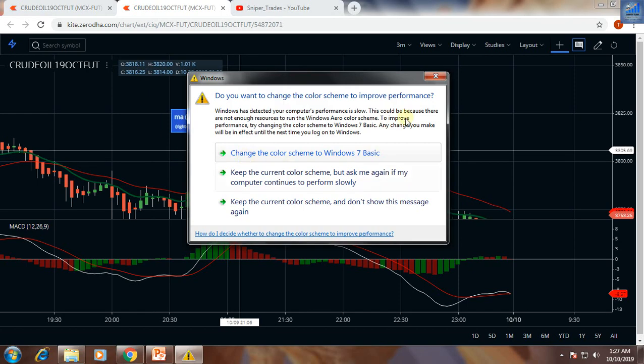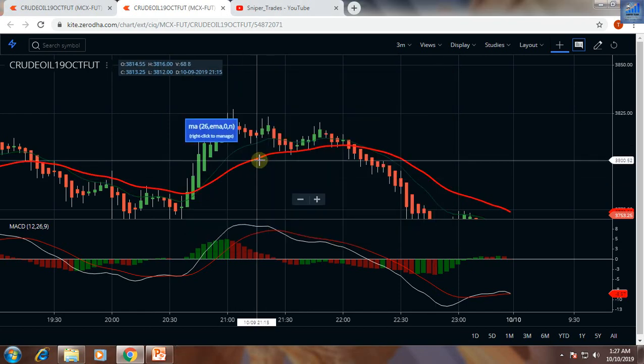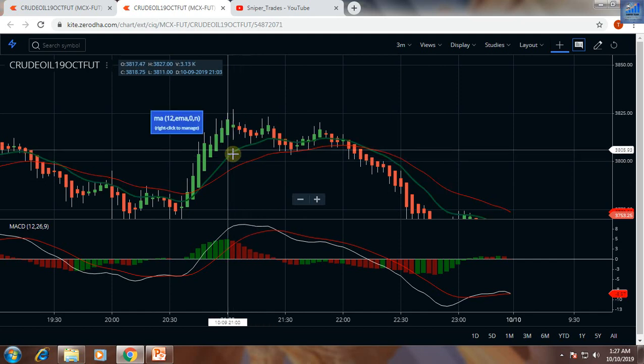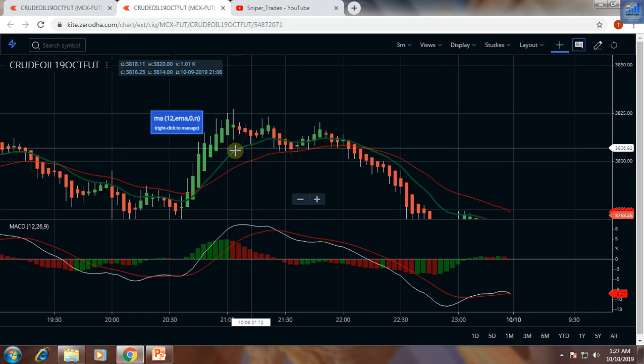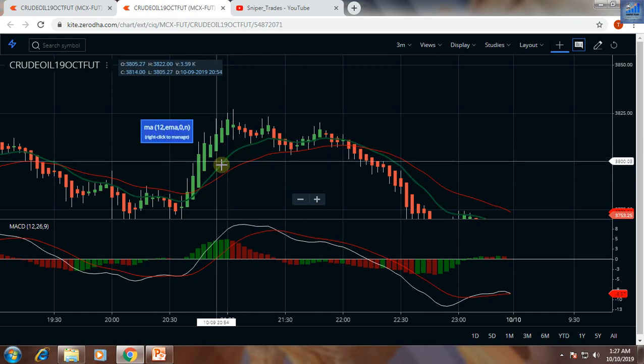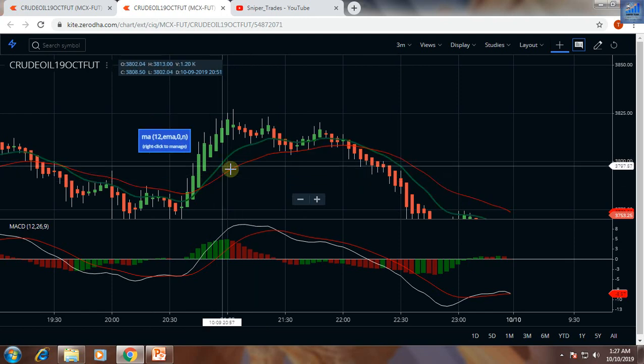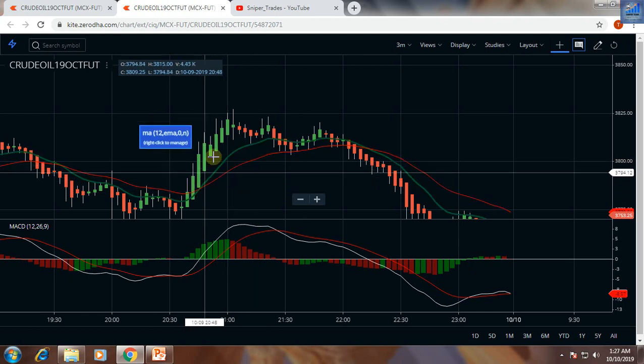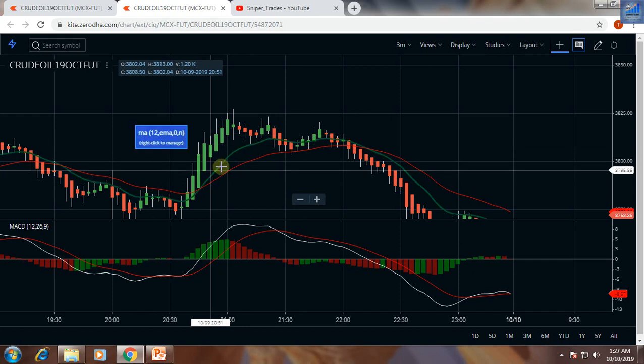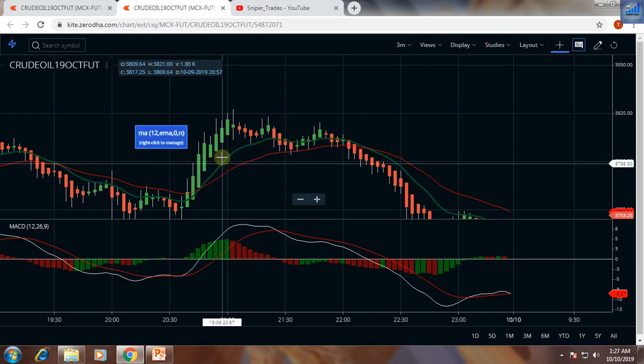So as the price changes in any direction, the faster period moving average, that is the 12 period exponential moving average, will respond and rise first as compared to the slower period exponential moving average, that is the 26 period exponential moving average, the red line. As we can see, the price is moving upward here, and the faster period moving average, the green line, is responding first.